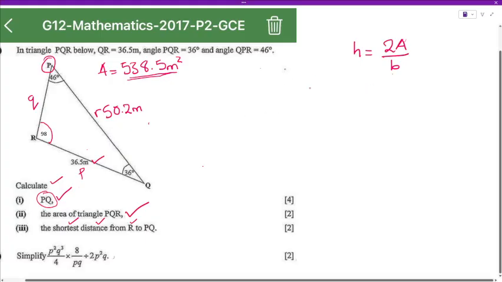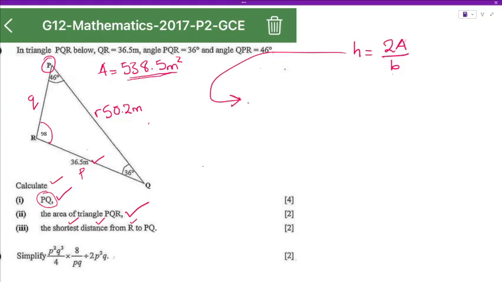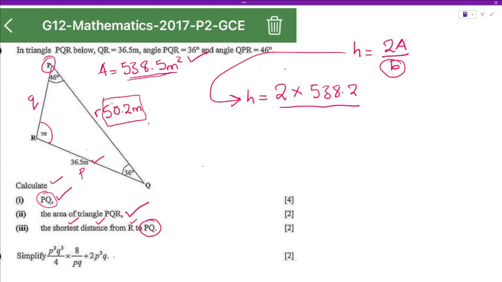So simply plug in those values in your formula. Allow me to bring it right there. So I'm going to say H is equal to 2 times, what is the area? The area is this one we saved up here, which is 538.2 meters. So there's no need for us to put units here. We simply say over the side B here. Okay, the question says PQ. So we go, what is our PQ? It's 50.2.